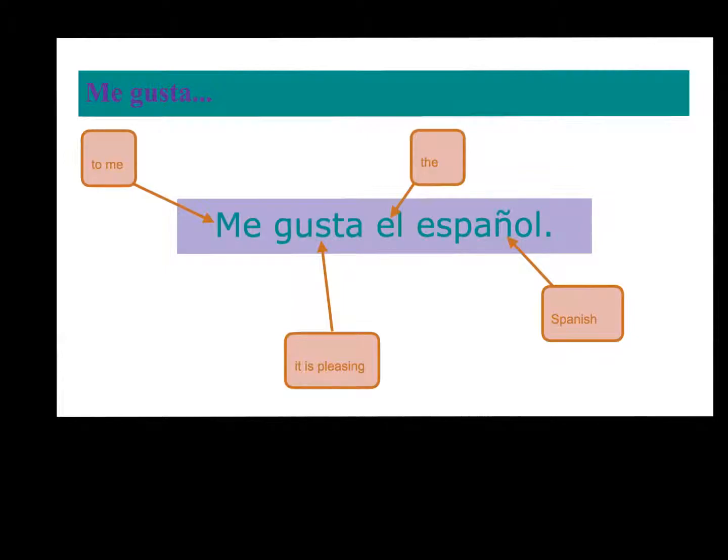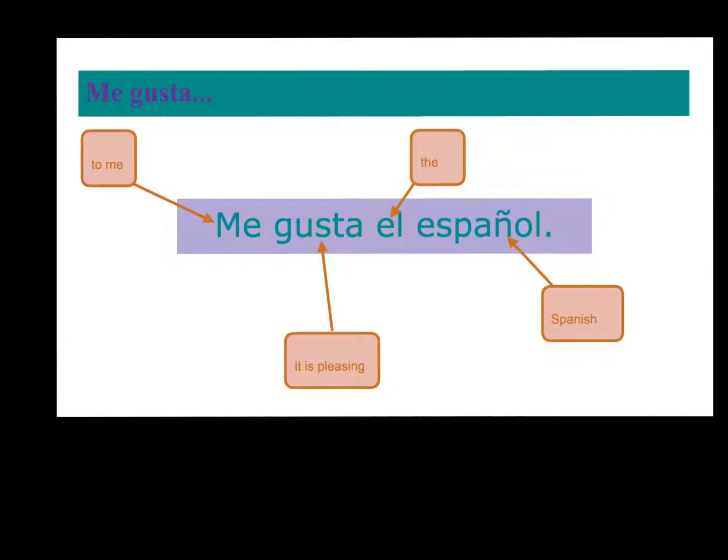So now we can see a little bit more precise explanation of this. If I want to say I like Spanish in Spanish, the only way I can do it is to use this verb me gusta. And the structure of the sentence is as follows. I start with the word which means to me. Then I follow it with the verb which, as we've said, is in the third person singular, the it form.